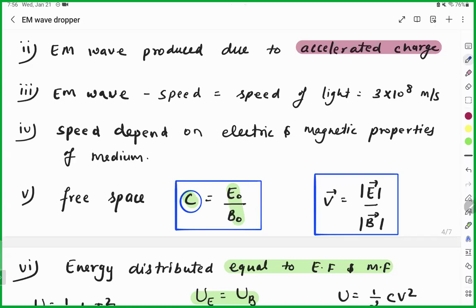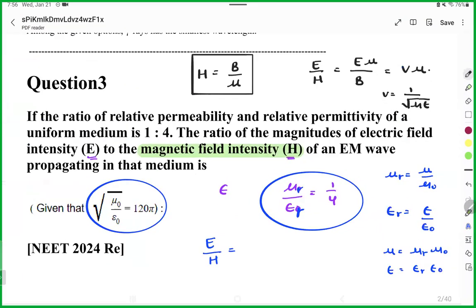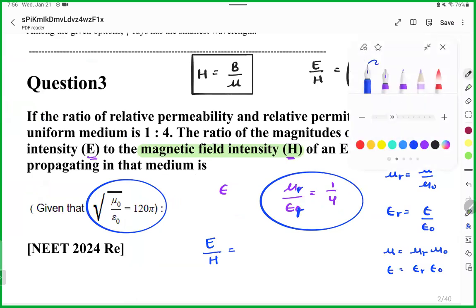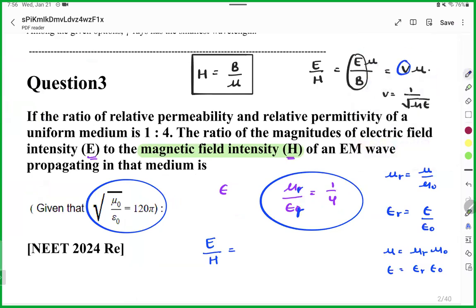That's why your velocity will be equal to E by B. And velocity is also equal to 1 by root of mu epsilon, because your C is equal to 1 by root of mu naught epsilon naught.